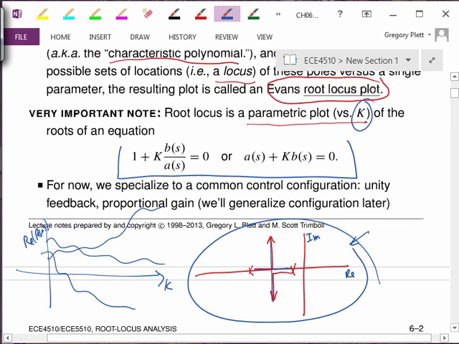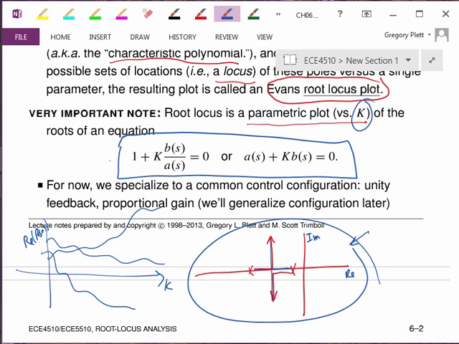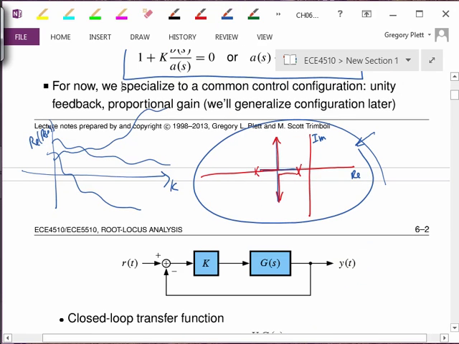So this is what root locus can do. It can plot all of the roots of equations that look like that, all of the values of s that satisfy that, as long as a of s and b of s are polynomials in s. And the reason that's useful for a control case is that if I have a unity feedback situation, which is quite a common configuration for control, we know that the transfer function of this closed loop is T of s equals k times G of s over 1 plus k times G of s.